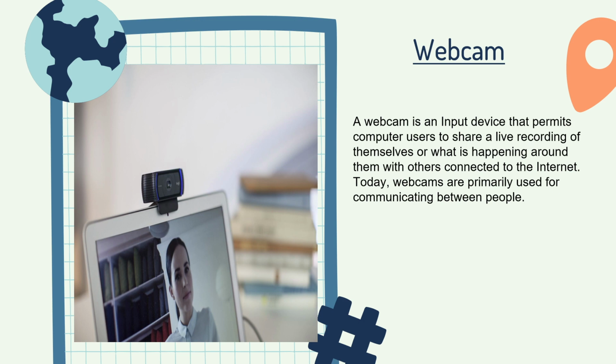A webcam is an input device that permits computer user to share a live recording of themselves or what is happening around them with others connected to the internet today. Webcams are primarily used for communicating between people.